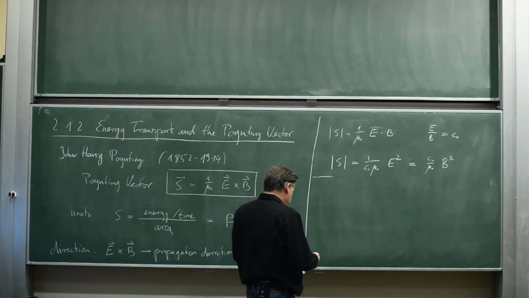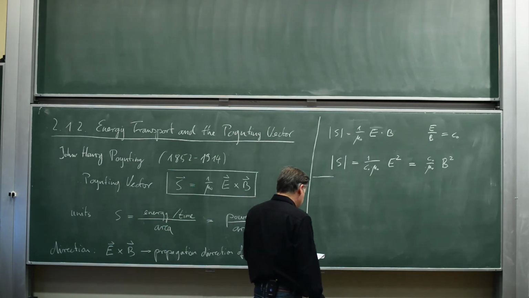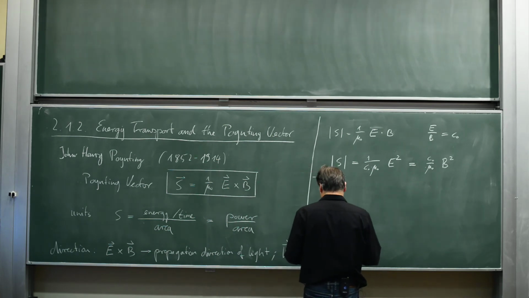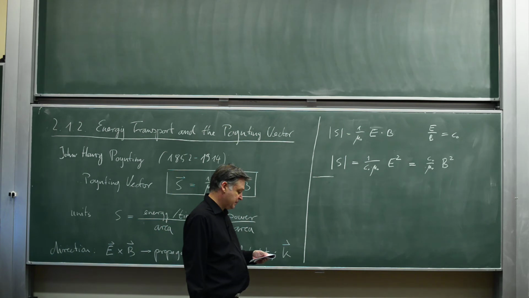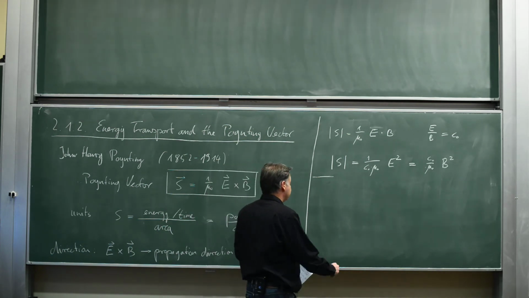The energy density is actually the electric plus the magnetic field part.